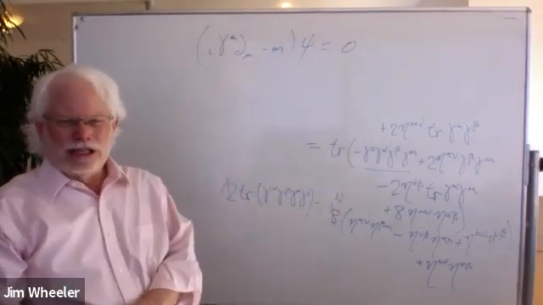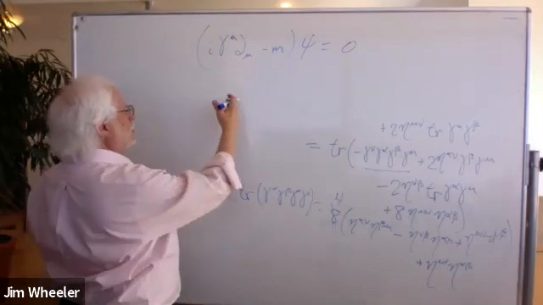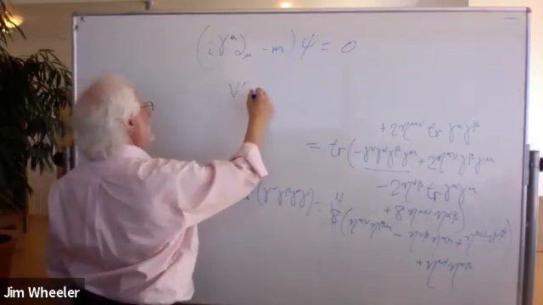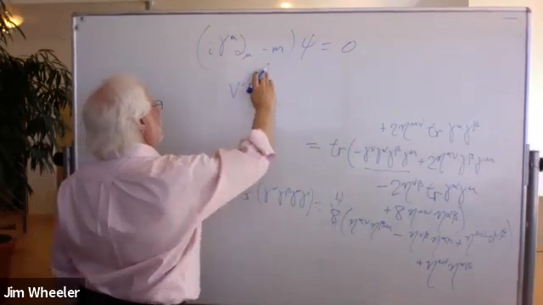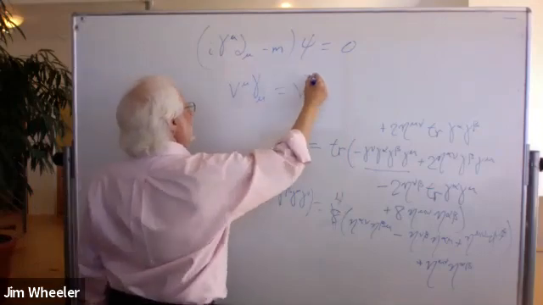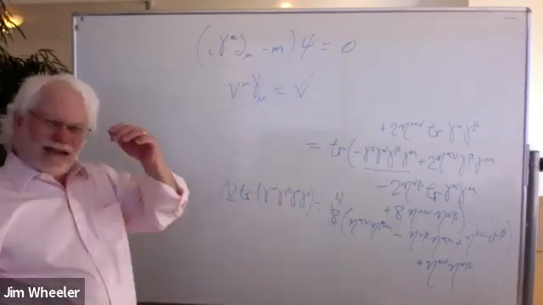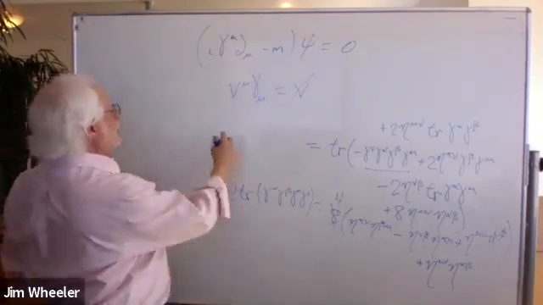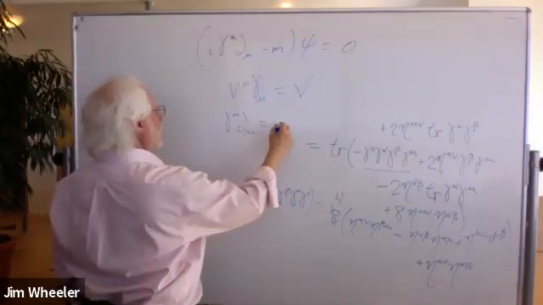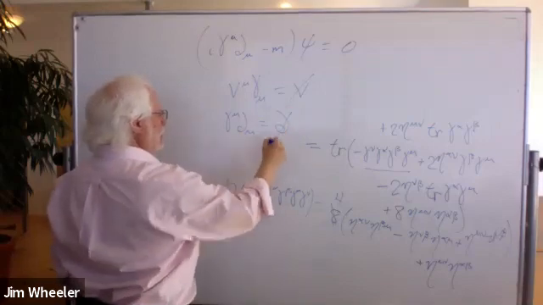That's the Dirac equation. But now we introduce this convention that anytime I have any vector contracted on a gamma matrix, I just write that as v slash, or the vector slash.